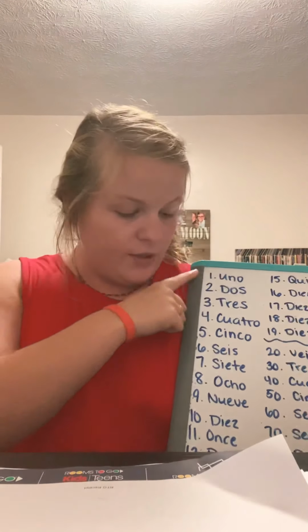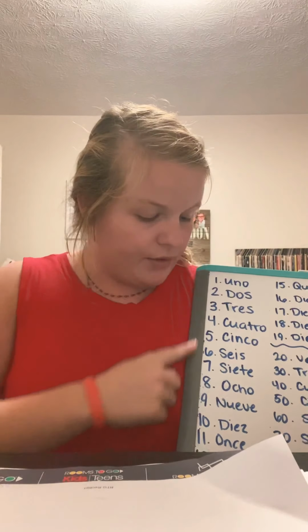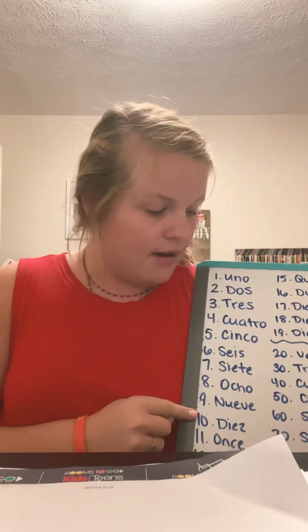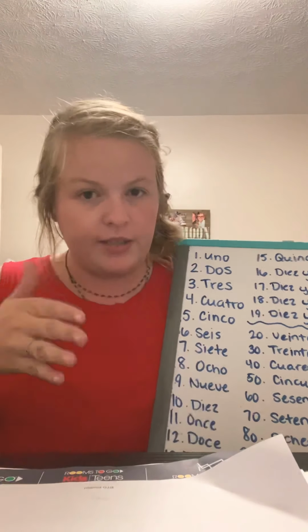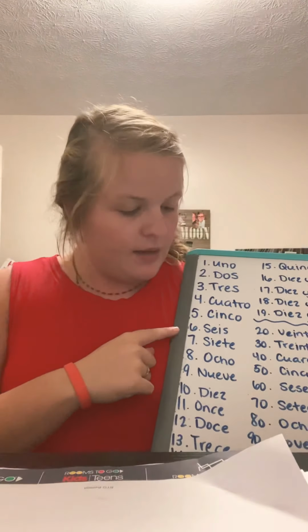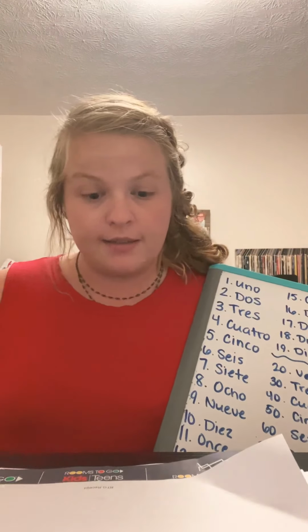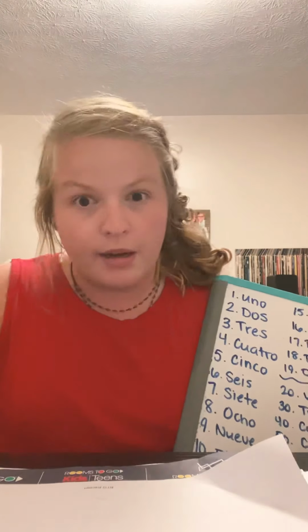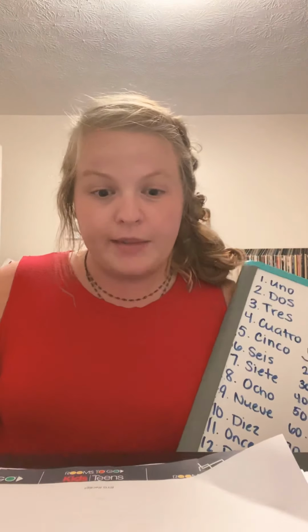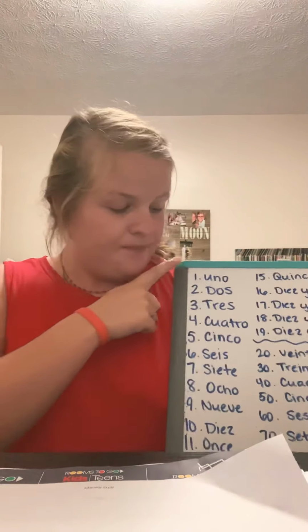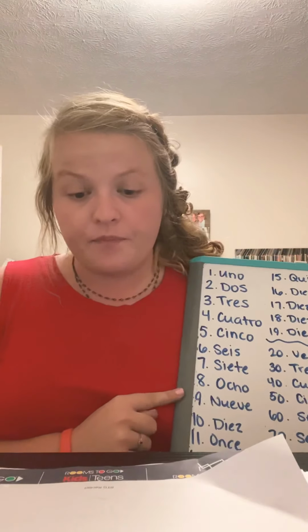Ochenta y seis. So once you know 1 through 10, and then once you know all the base numbers, counting by tens, 20, 30, 40, 50, etc., you know how to count all the way to 100 in Spanish because it's all the same from that point as long as you know your base numbers and your numbers 1 through 9.